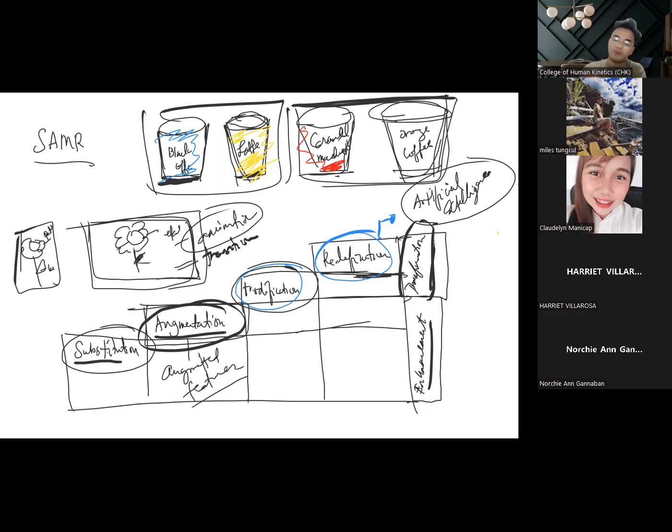But what is important here, people, is that when you are given an assignment, when you are given a situation, you can identify kung anong level of technology integration siya. Basta iisipin nyo, substitution is the lowest and the highest is redefinition. So, for example, give an example.